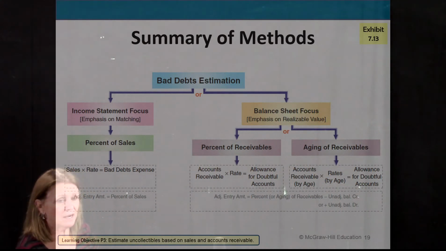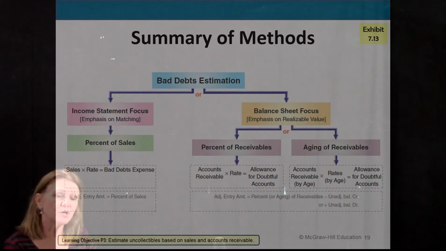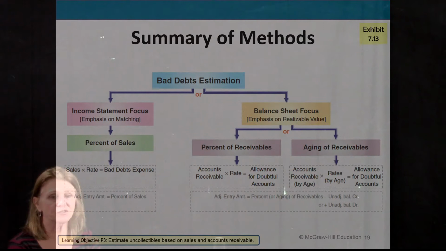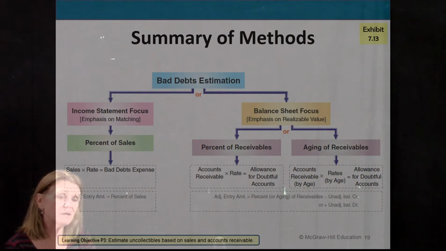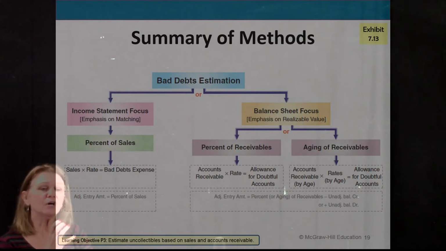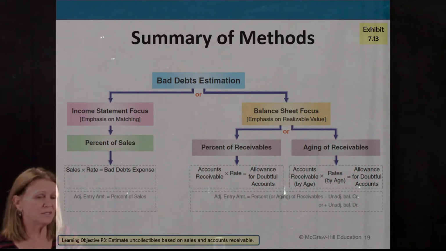It's done the same way on aging of receivables, except then you actually have a chart that shows what your receivables are, how old they are, and you go by percentages there. So be ready to ask questions. This is going to move pretty quickly from here on out. This is not that hard, but you do have to read the information, go through the PowerPoints, and do the homework assigned, and then I think you'll understand it with no problem.